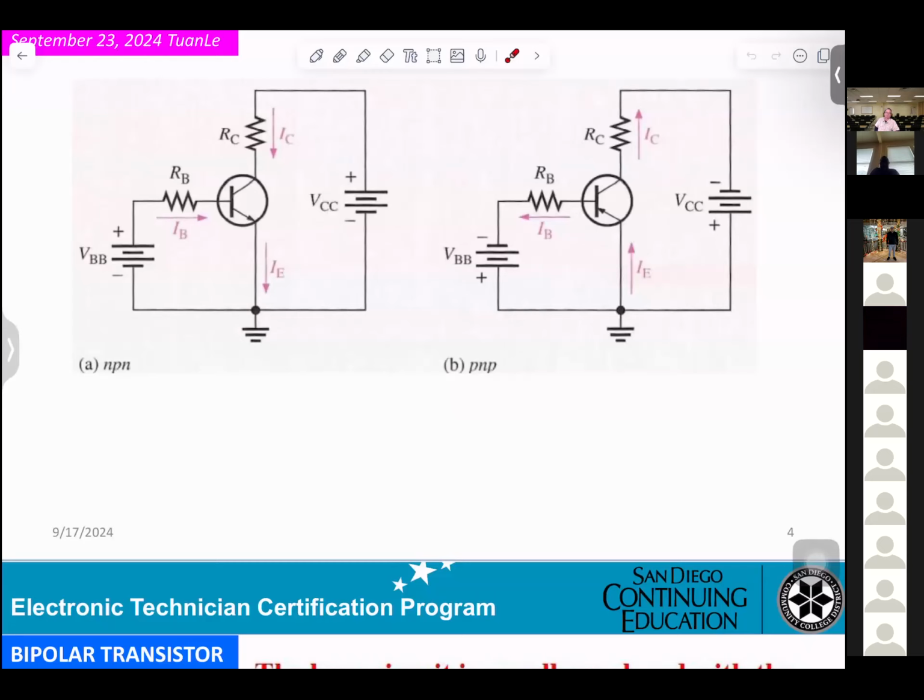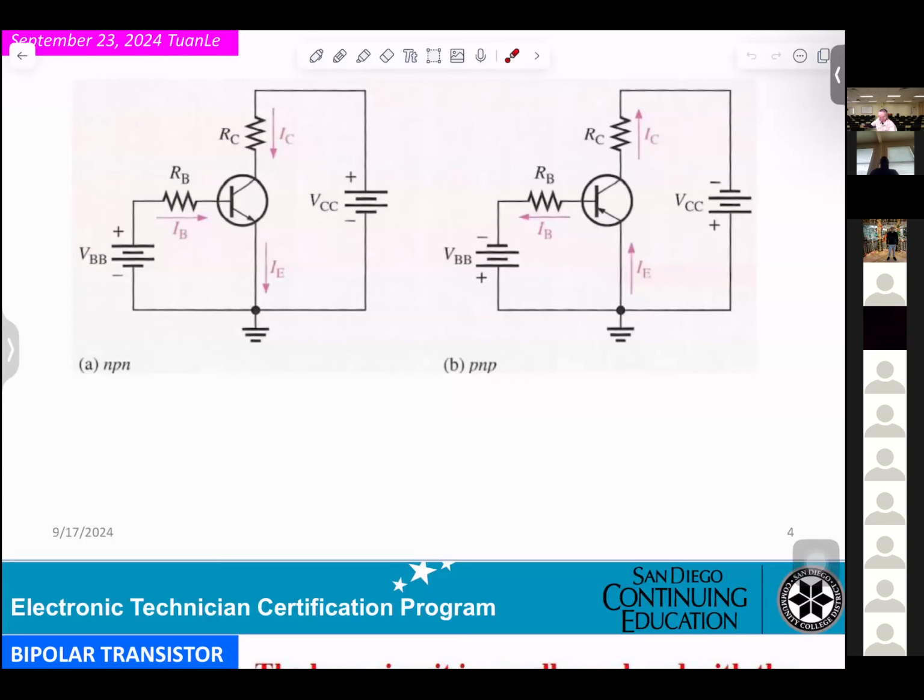And after you know how the transistor works with the DC bias, then we go to the next lecture, which will be talking about how the transistor makes an amplifier.